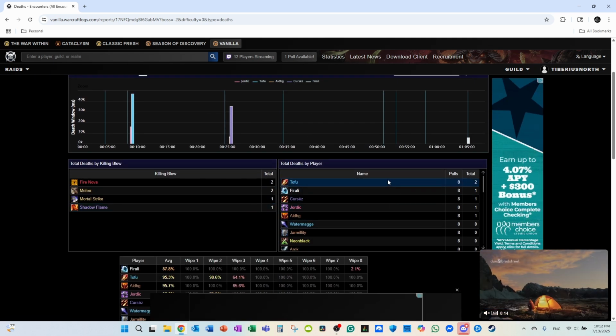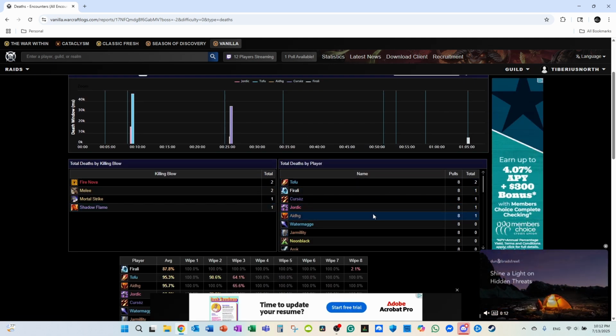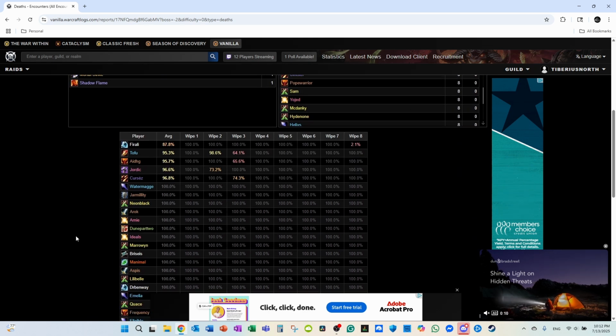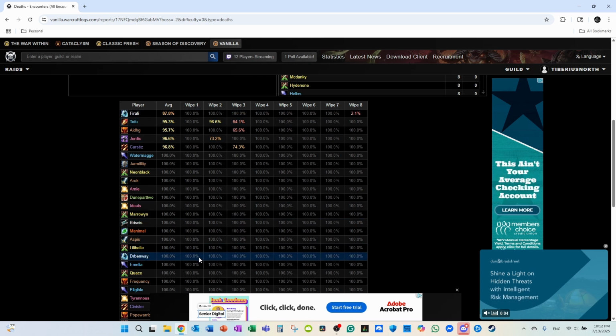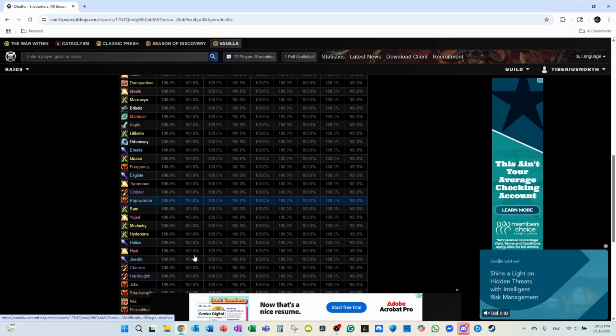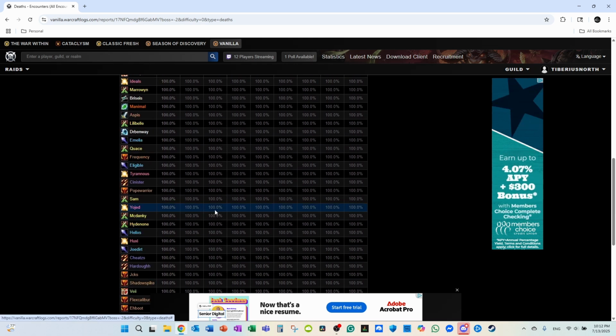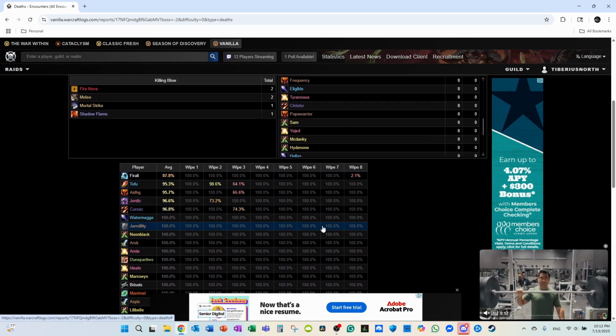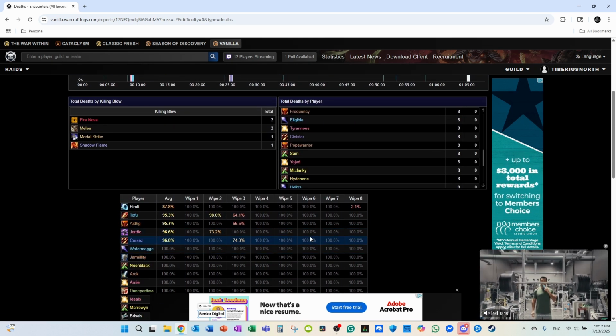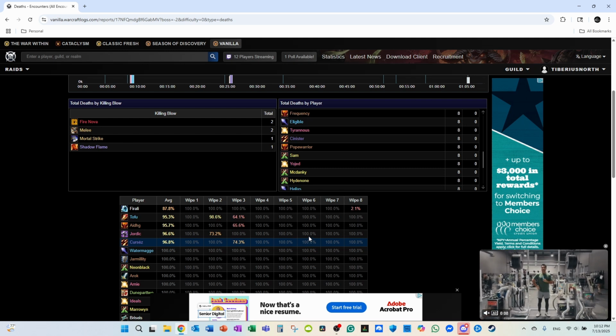So who died and when. And you can also see like a wipe. If everyone died, it will be listed here, so you can see. As you can see, this raid didn't have any wipes. There were deaths, but no wipes. A wipe is when everyone dies.